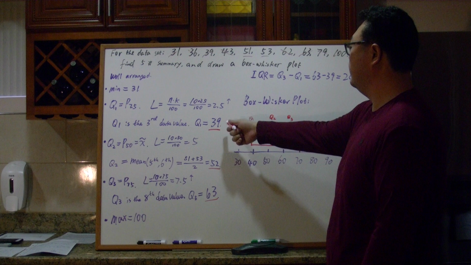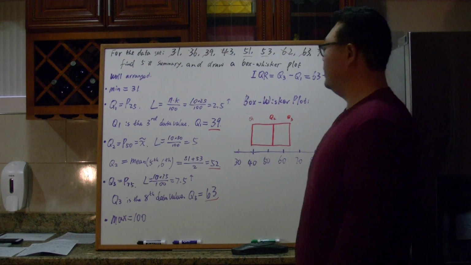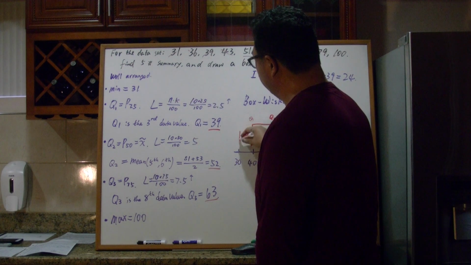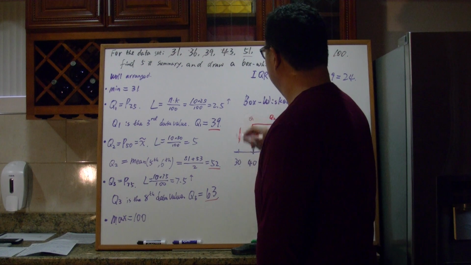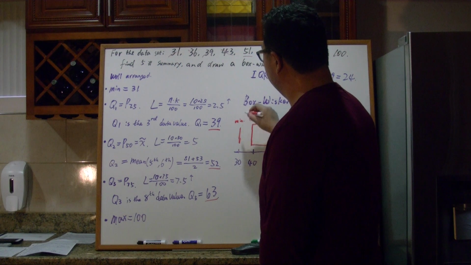from 39 to 63. And then our minimum is 31. We draw a shorter line, shorter than the box. That's our minimum.